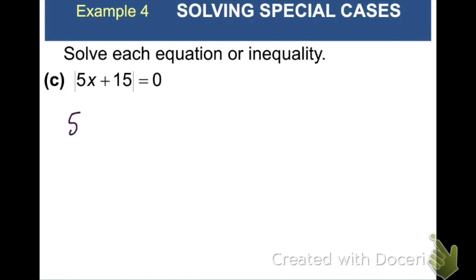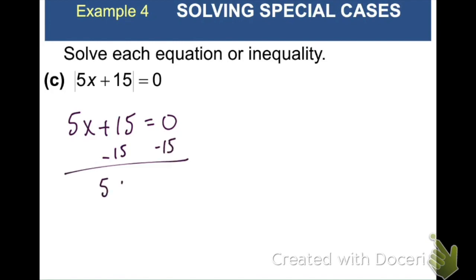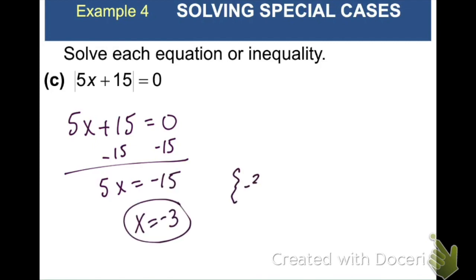We're just going to write it once and solve it, and we will get one single number as our answer. So our answer is just the set that contains the number -3.